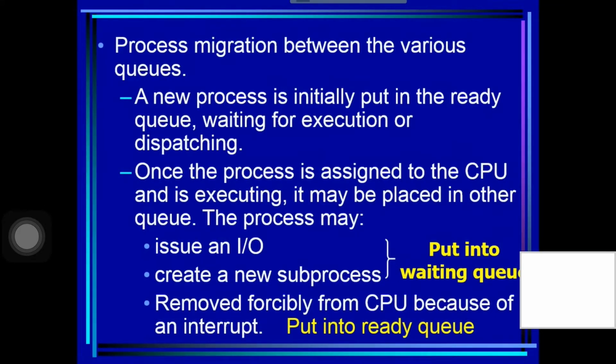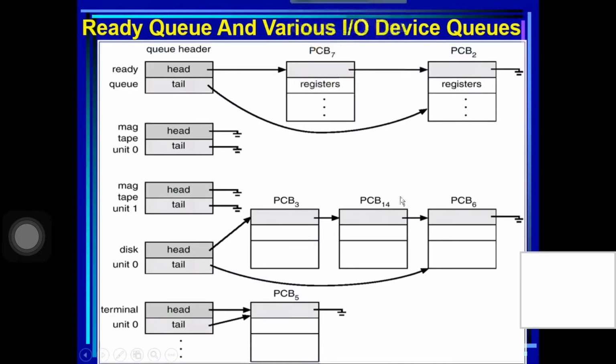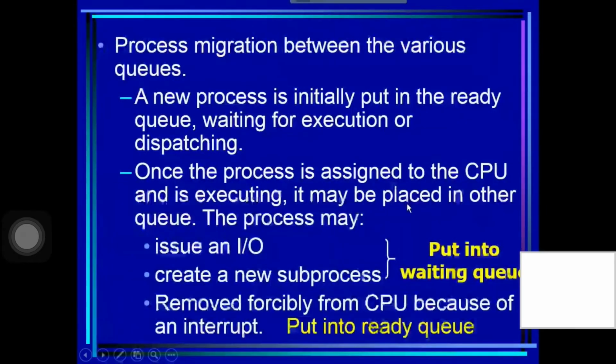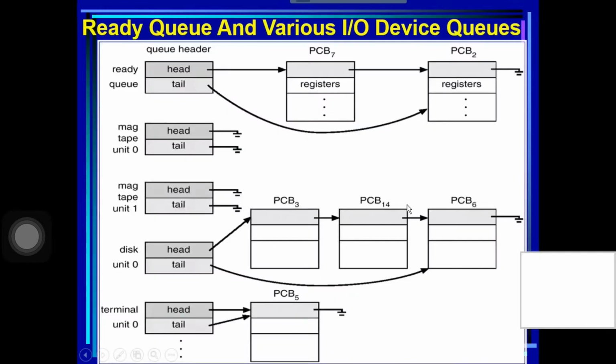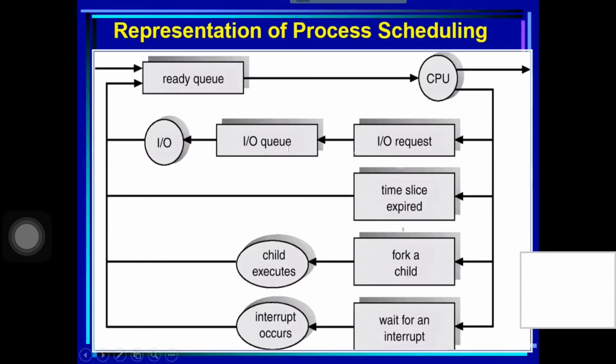A common representation of process scheduling is a queuing diagram, such as this. Each rectangular box represents a queue in this picture. Two types of queues are present.